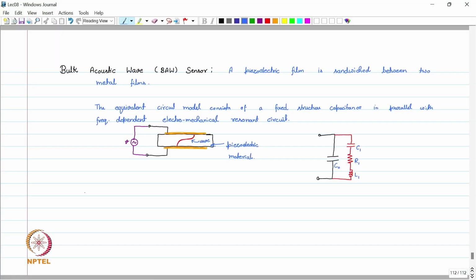So these BAW resonators store the maximum acoustic energy within the structure, achieving a high electrical quality factor.